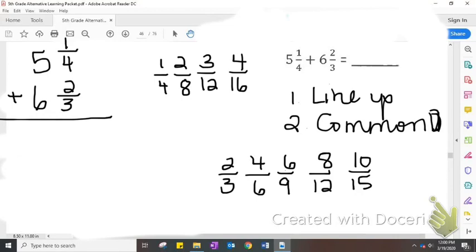All right, so I finally found my common denominator. 8/12 and 3/12. Awesome. So I can rewrite this over here. Instead of 5 and 1/4, I can write 5 and 3/12. Over here, instead of 6 and 2/3, I can write 6 and 8/12.